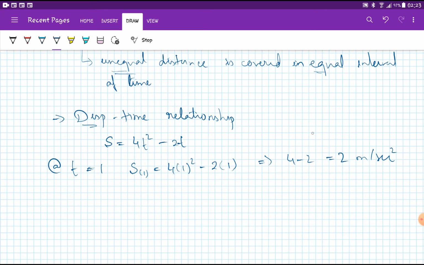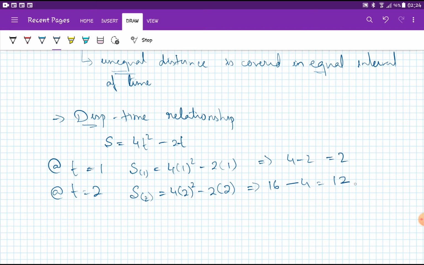Sorry, this is just the distance here, 2. Now at t = 2, s(2): substitute 2 in the above equation. 4 × 2² − 2 × 2, which gives you 4 fours are 16, minus 4, which gives you 12.